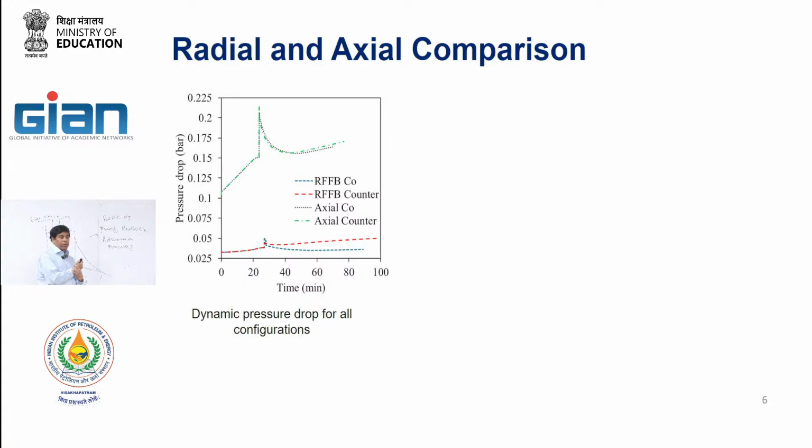For any type of bed, it shows this same type of profile. When CO2 is getting adsorbed, it's blocked in the passage, and it increases the pressure drop. After a certain limit, there may be some cleaning or more force.